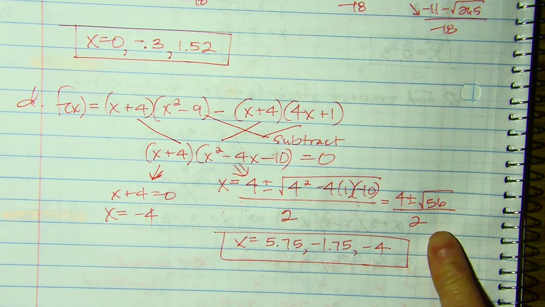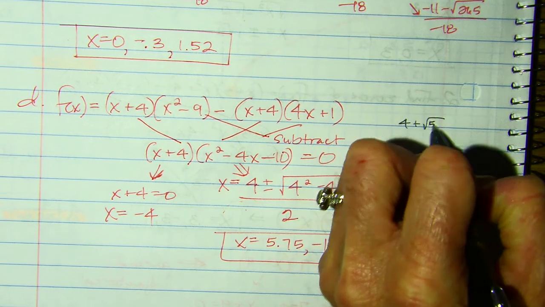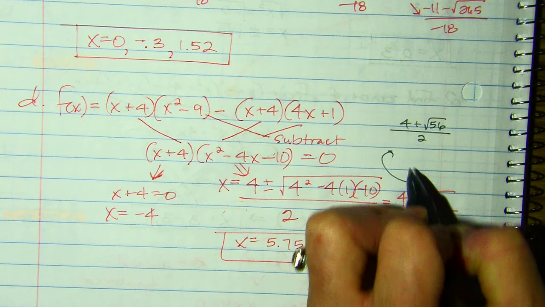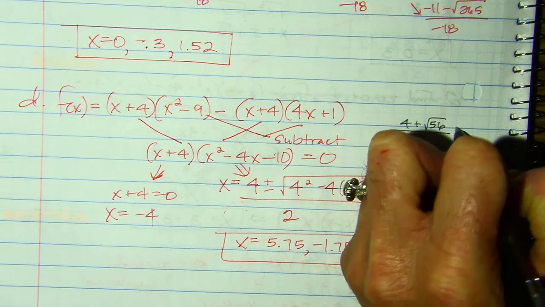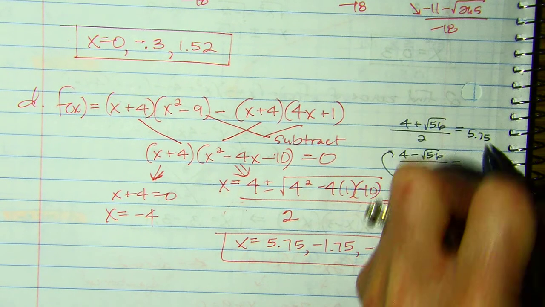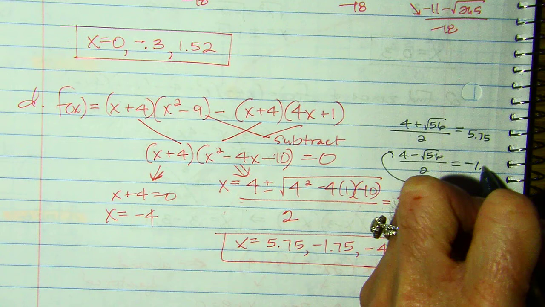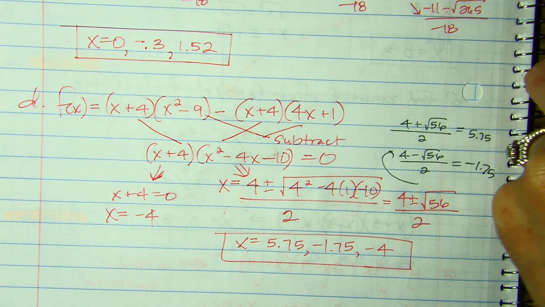I used my calculator to enter 4 plus the square root of 56 divided by 2, and 4 minus the square root of 56 divided by 2. And for one of them, I got 5.75, and the other one I got negative 1.75. So that's where I'm getting those.